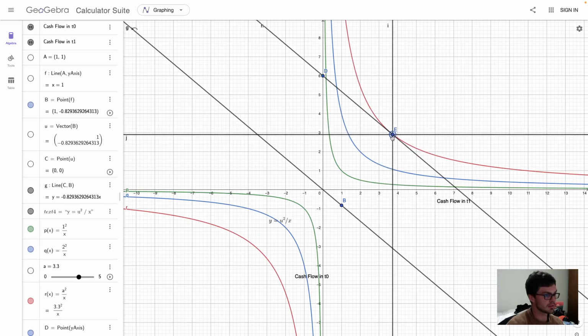If we move down a little bit, our utility at that contact is 3.3. When the trade-off was 1-to-1, if all we had was the ability to put money under our mattress, we ended up with a utility of 3. Whereas if we're now allowed to trade for a bond at 25% interest, of course our utility is going to be higher.